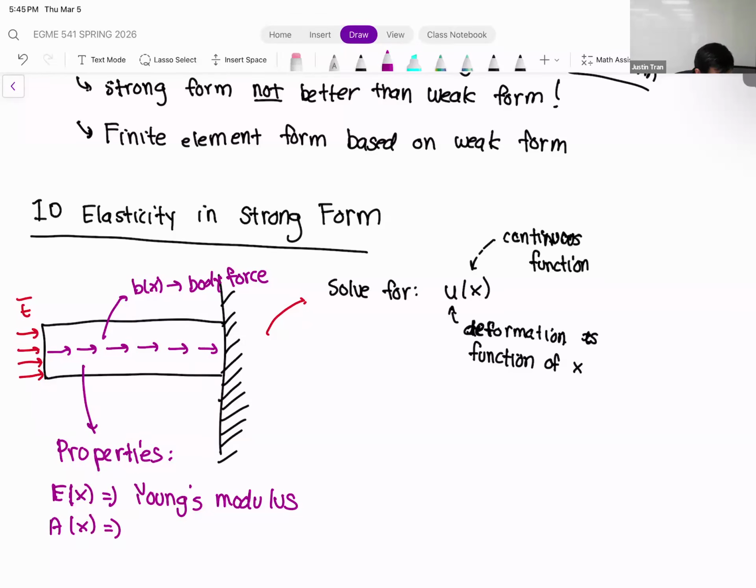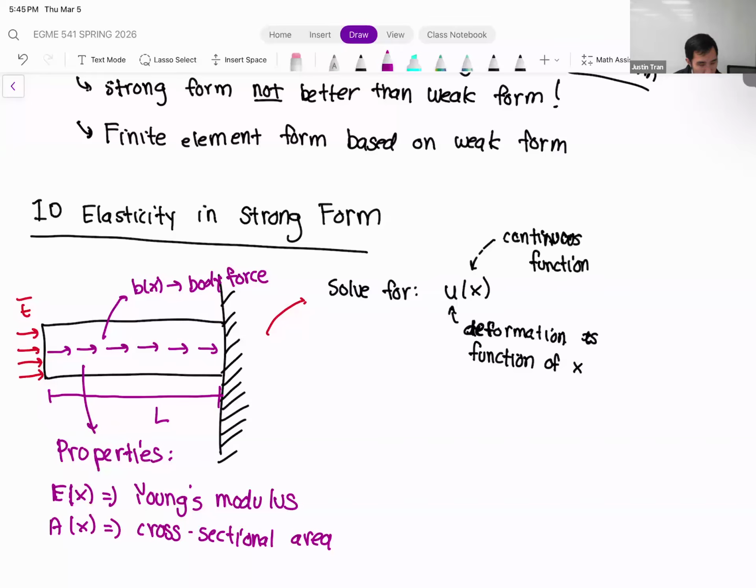And we also have A of x, which is the cross-sectional area, and that can also change with x. The last thing we need is the overall length of the bar. So we'll say the bar here has a length of L.